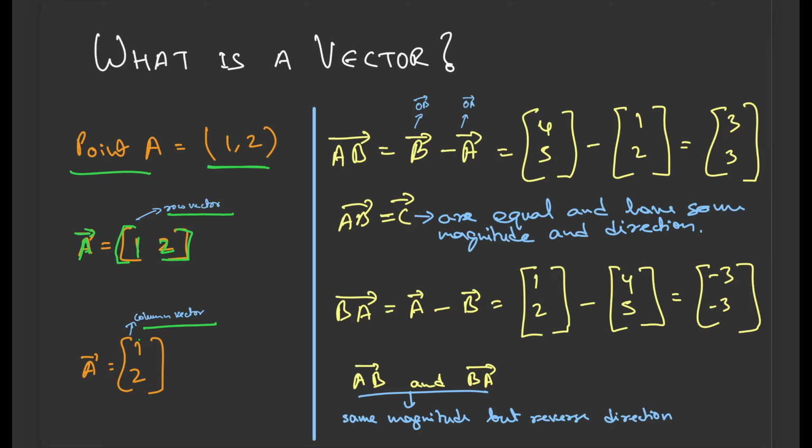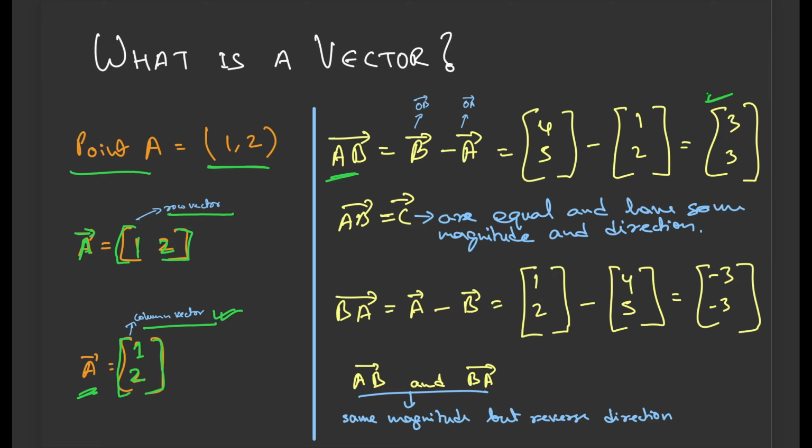In the column representation, we have the components in vertical order: this is the first component and this is the second component for vector A. We usually use the column representation in machine learning, and we rarely use the row representation. Just keep in mind.